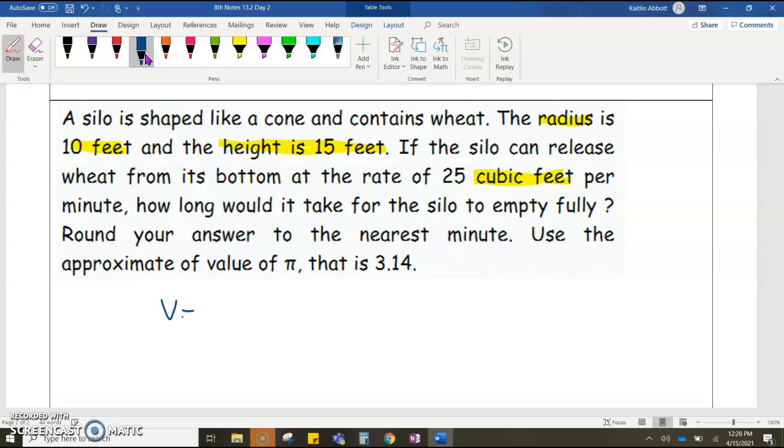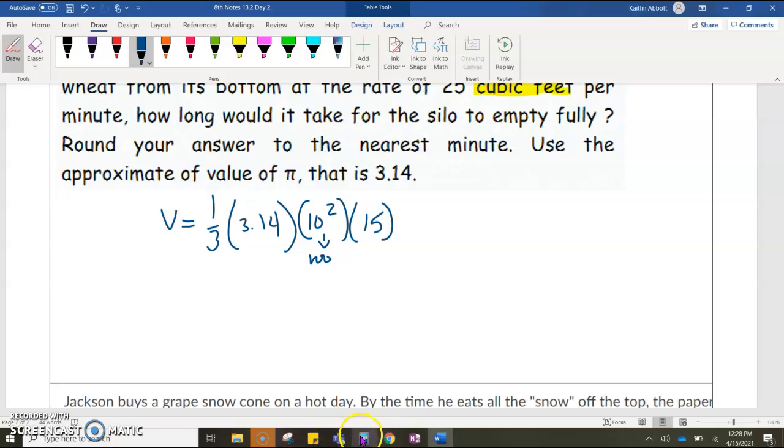this silo. So volume equals 1/3 times 3.14 times the radius, they gave us 10, so we got 10 squared, times the height is 15. And 10 times 10 is 100. So let's get the volume of the silo first.